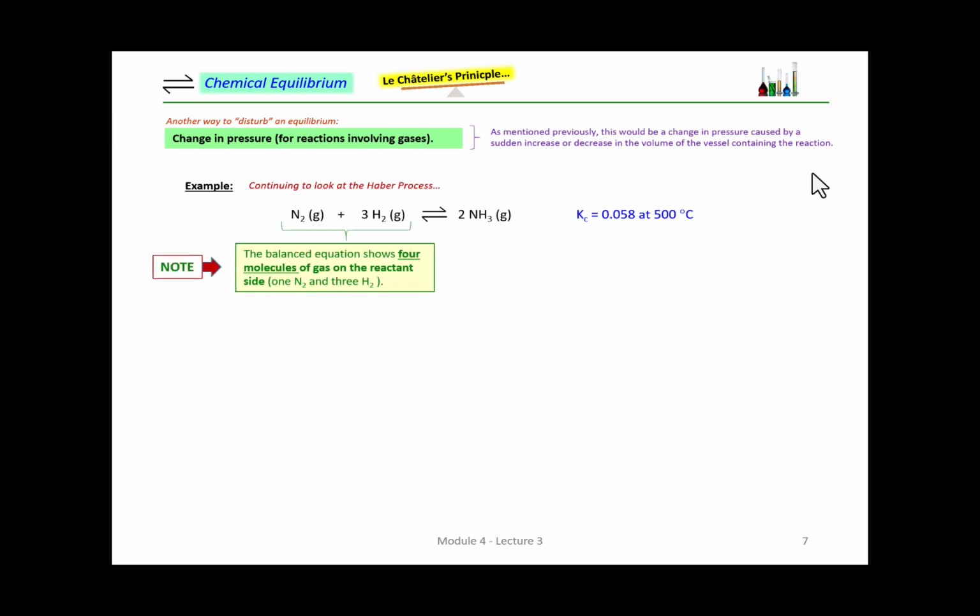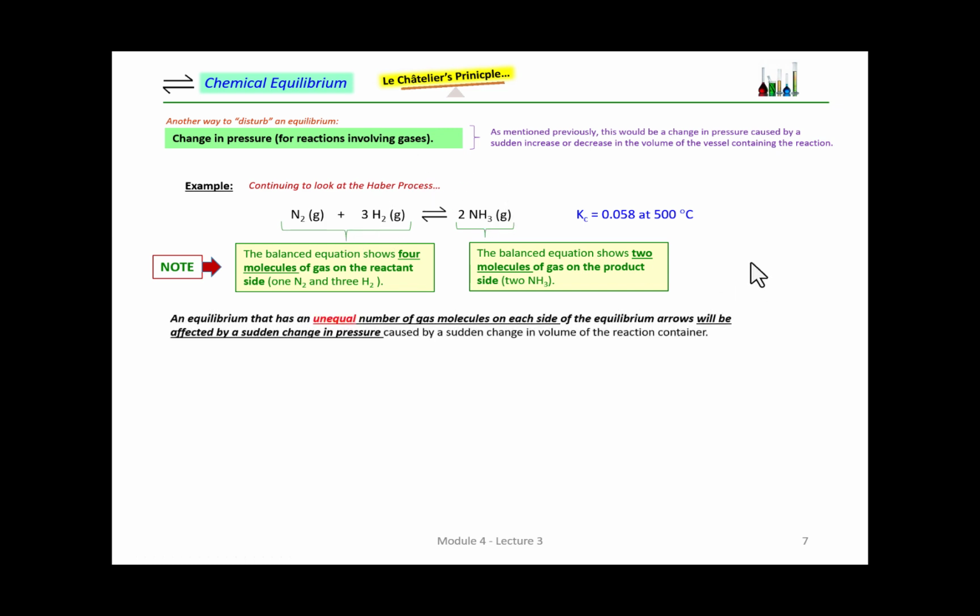When you look at this equilibrium, you want to notice that the balanced equation shows 4 molecules of gas on the reactant side. There's 1 nitrogen and 3 hydrogens, while there appears to be only 2 molecules of gas on the product side. So there are unequal numbers of moles of gas on each side of that equilibrium symbol.